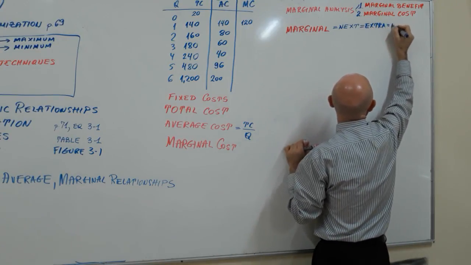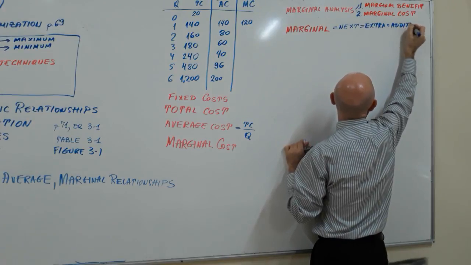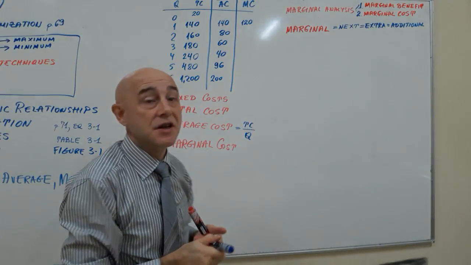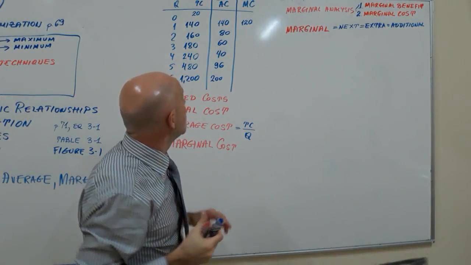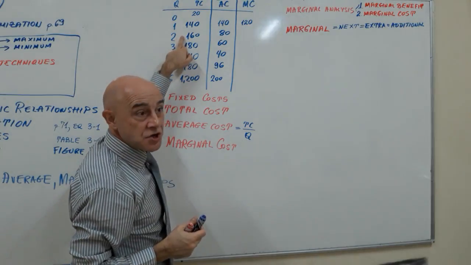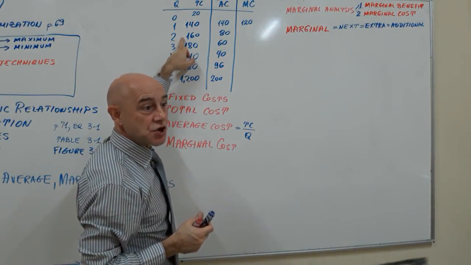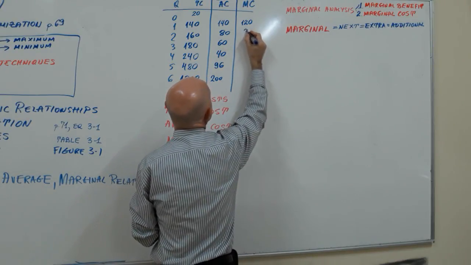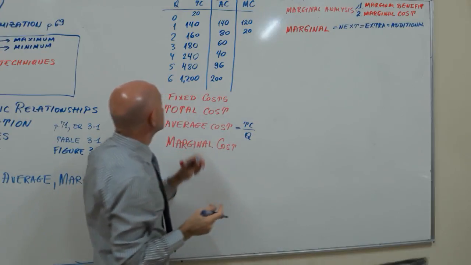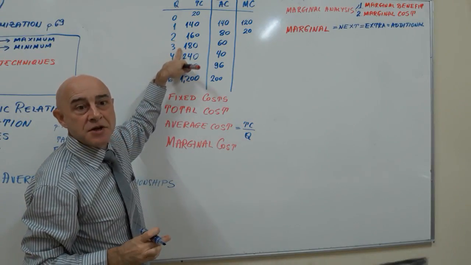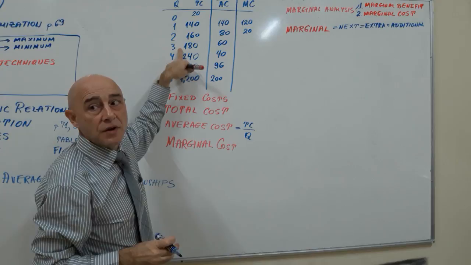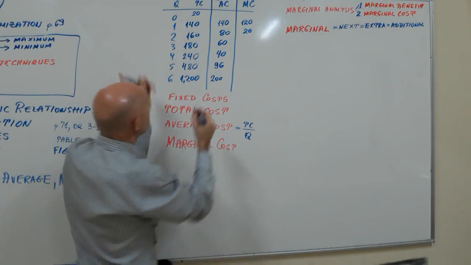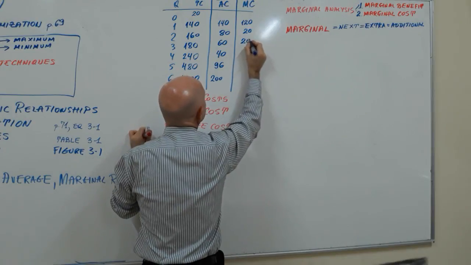So, marginal means next, it also means extra, additional, different, as in difference. So here the marginal cost, meaning the extra cost, the additional cost, is 20. Here the marginal cost is how much? 20 again. From 160 to 180, the marginal cost is 20.